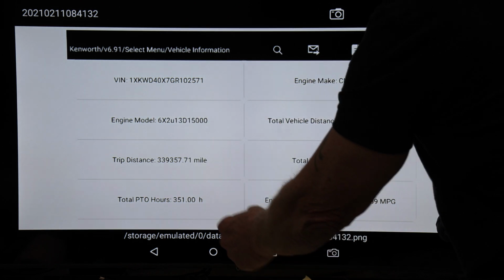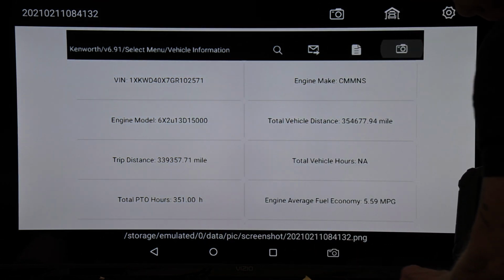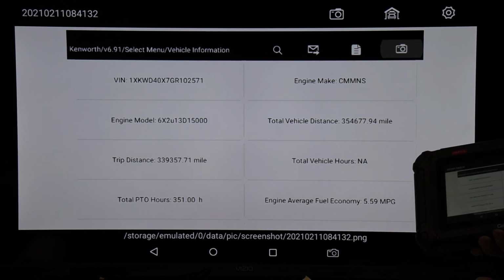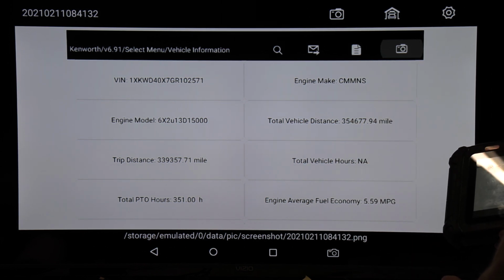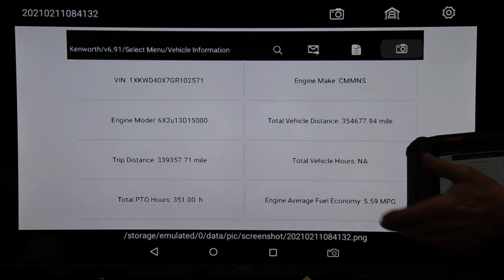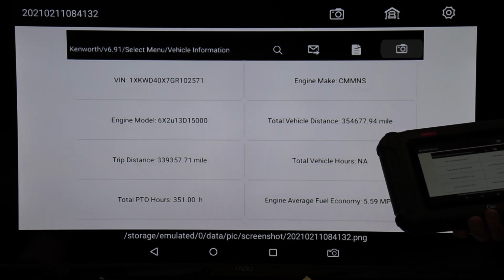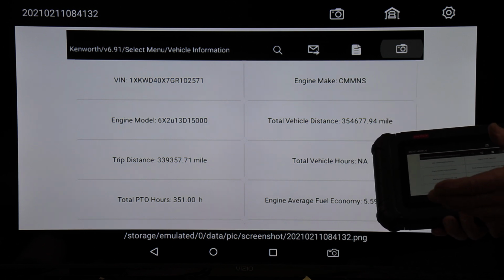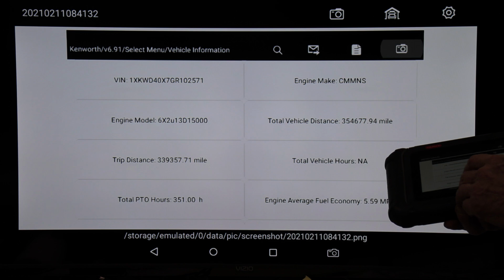I got the VIN number, model number, trip distances, total PTO hours. What's it got for an engine? It's got a Cummins for an engine, total vehicle distance, and so on and so on. Fuel economy, 5.59. That in itself is valuable information, especially, you know, you can go up to the owner and say, hey, listen, I can give you a lot of data on your vehicle here.